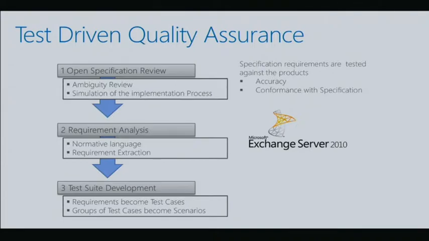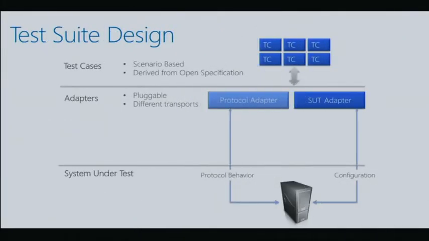We also group similar kinds of test cases into scenarios. A scenario is nothing but a logical grouping of similar test cases. As I said, a test suite is a collection of test cases, and similar test cases are grouped into scenarios. They are derived from the open specification itself.